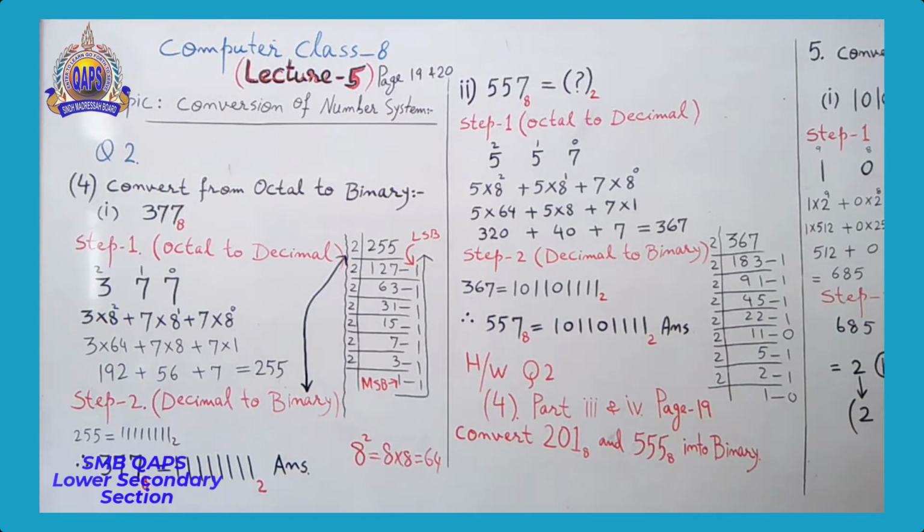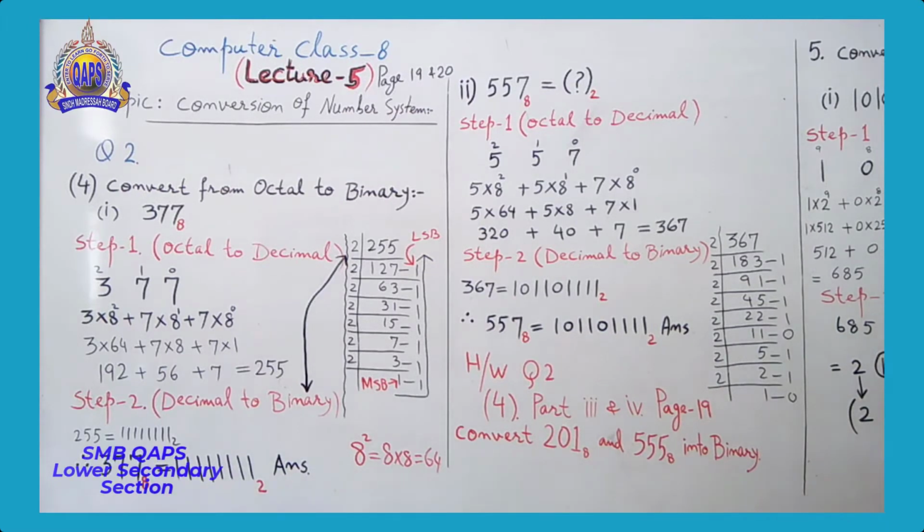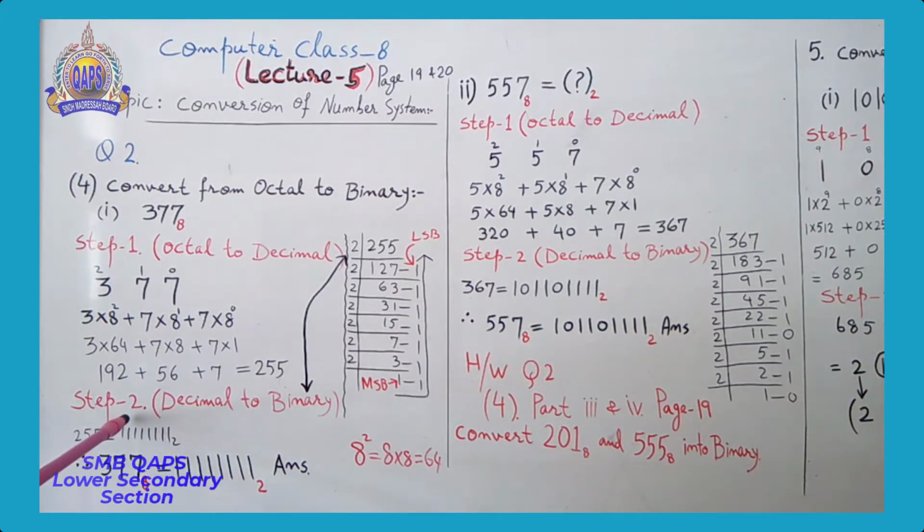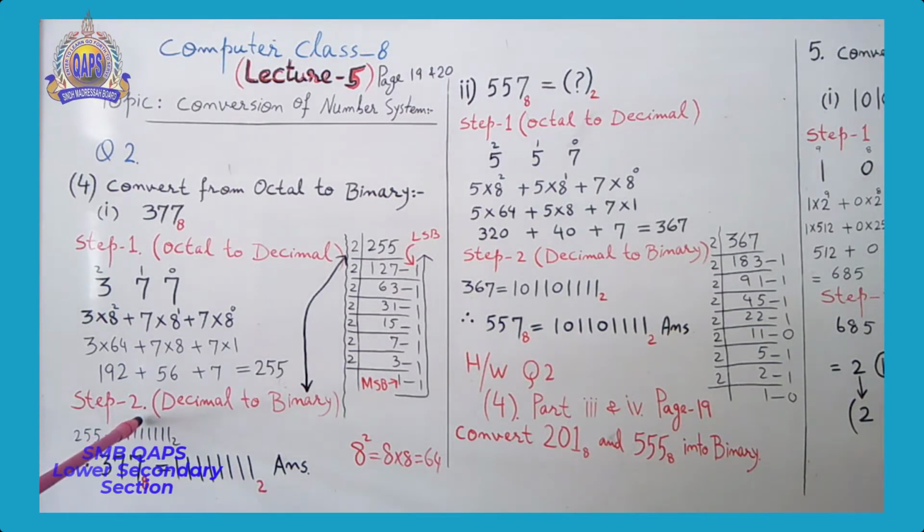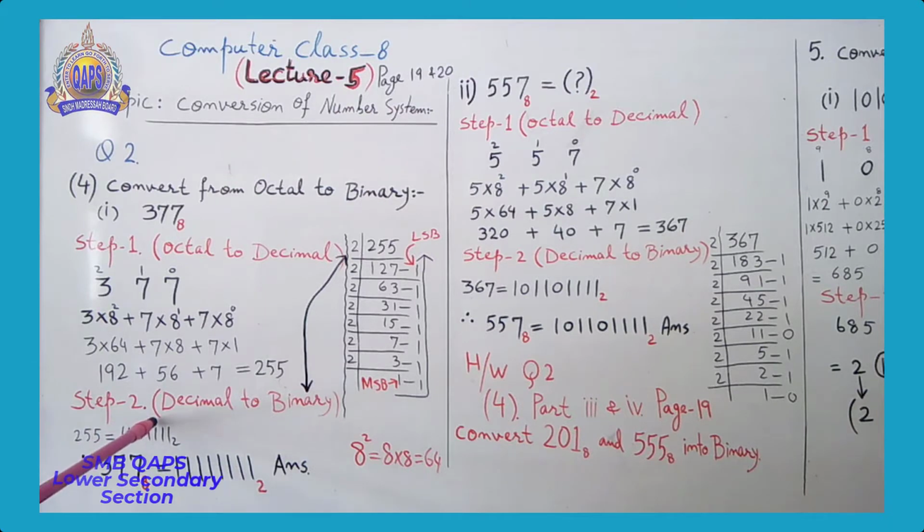Have a look over here. So, decimal number 255 is equal to 1, 1, 1, 1, 1, 1, 1, 1, base 2.